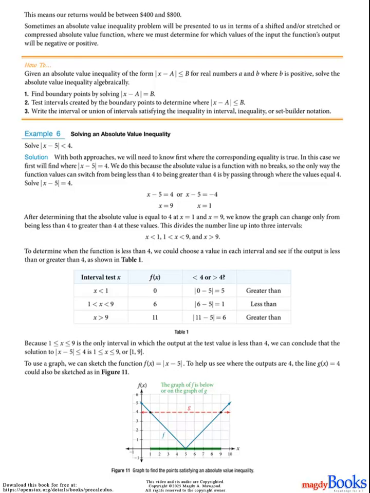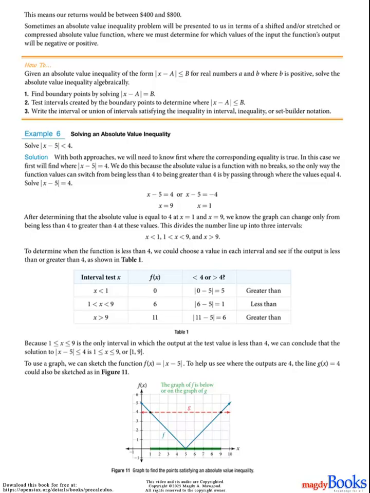This divides the number line up into 3 intervals: x is less than 1, 1 is less than x is less than 9, and x is greater than 9. To determine when the function is less than 4, we could choose a value in each interval and see if the output is less than or greater than 4, as shown in Table 1.